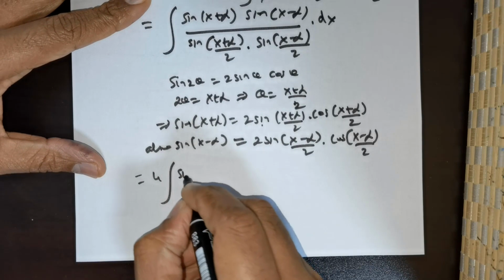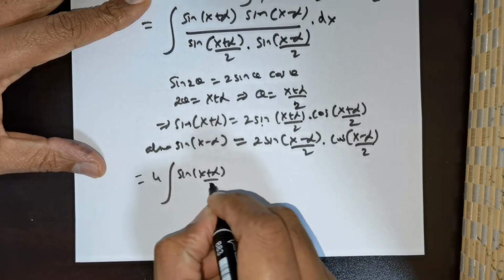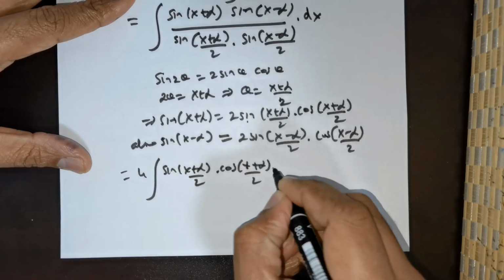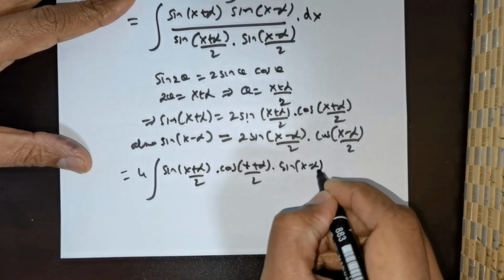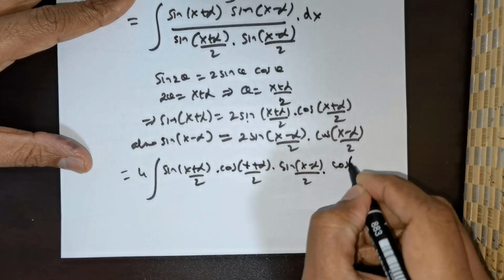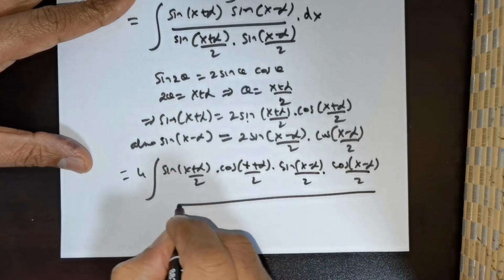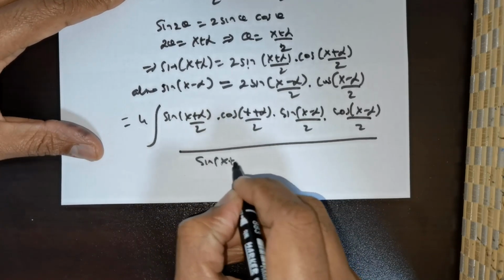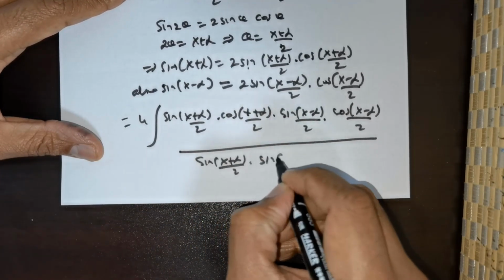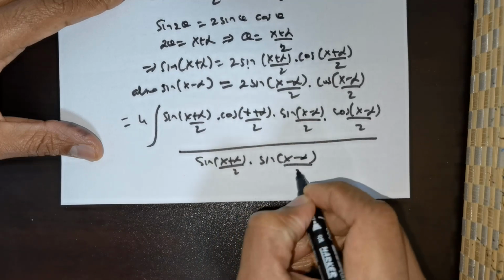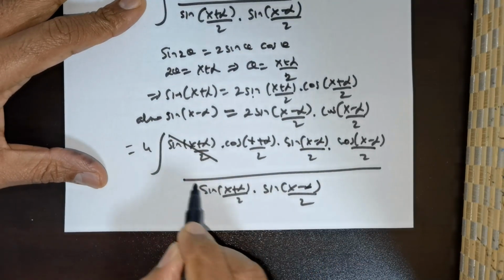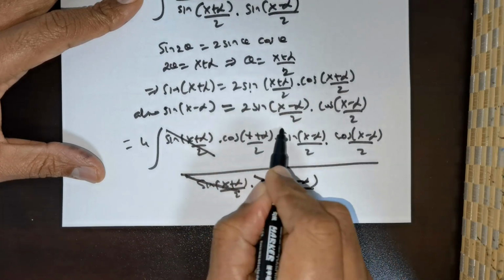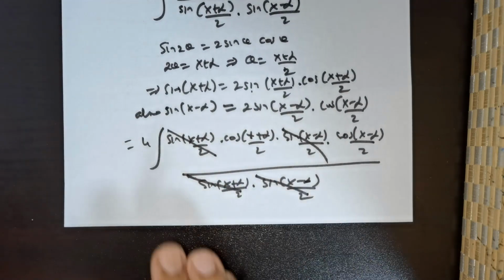Let me write that down: sine of (x plus alpha) divided by 2 times cos of (x plus alpha) divided by 2 times sine of (x minus alpha) divided by 2 times cos of (x minus alpha) divided by 2, divided by the denominator, which is sine of (x plus alpha) divided by 2 times sine of (x minus alpha) divided by 2. Now sine of (x plus alpha) divided by 2 can be cancelled and sine of (x minus alpha) divided by 2 can be cancelled. So this is what we have got.